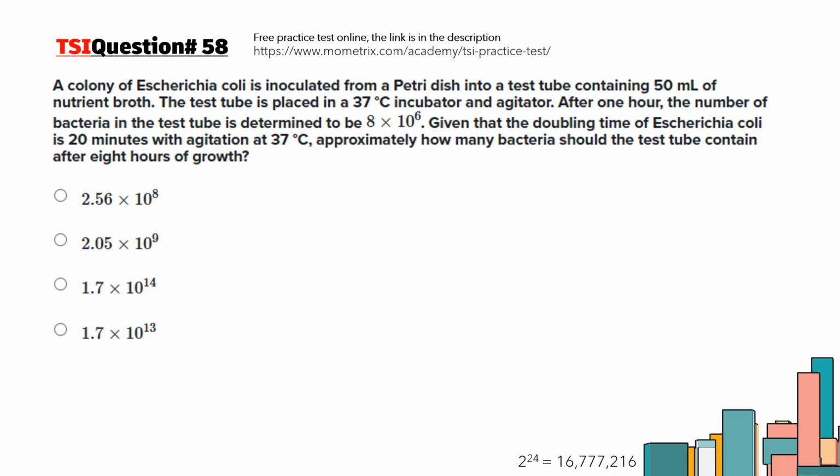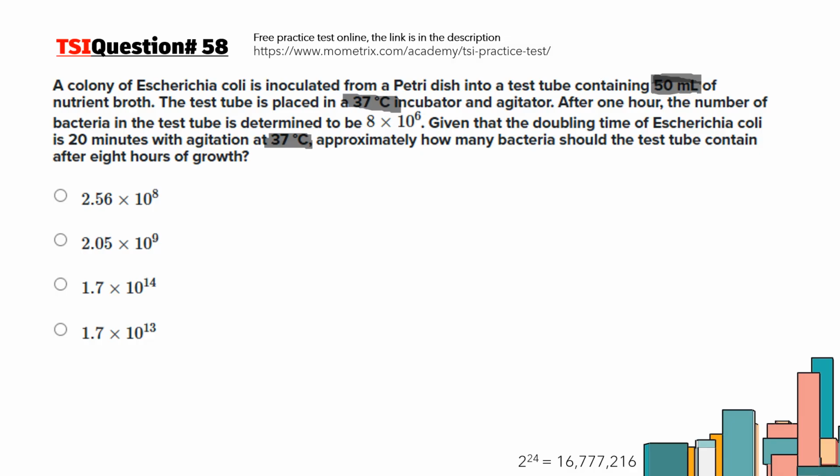So let's highlight the keywords here. Some factors are just information. The 37 degrees Celsius is not really important here. Then we have 50 milliliters of broth, which is just how they grow the bacteria.